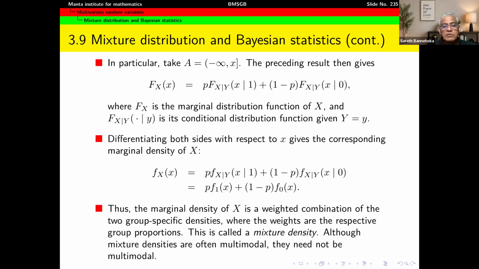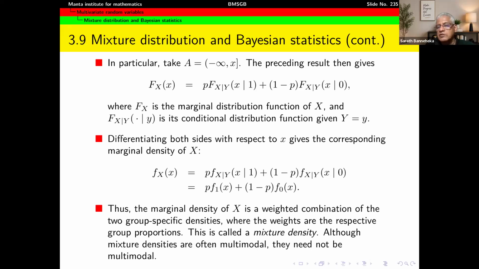So according to our previously agreed notation, this is going to be p times f1(x) plus 1 minus p times f0(x). This is the density function of X, where X is the value of the characteristic of interest when the unit is randomly selected from the population, not from a specific group, but any item from the population.